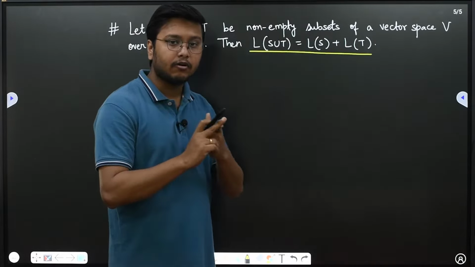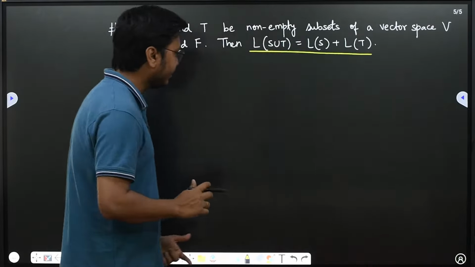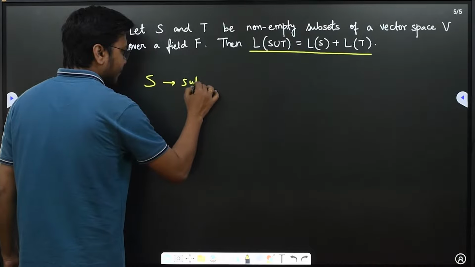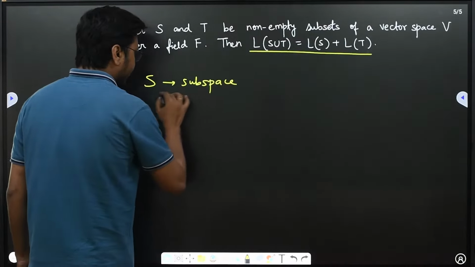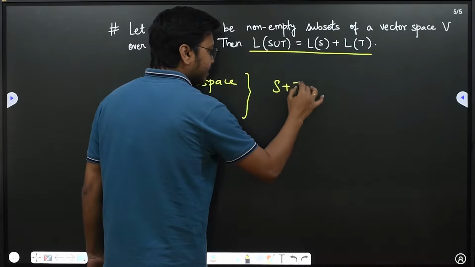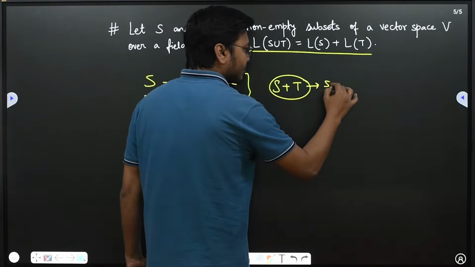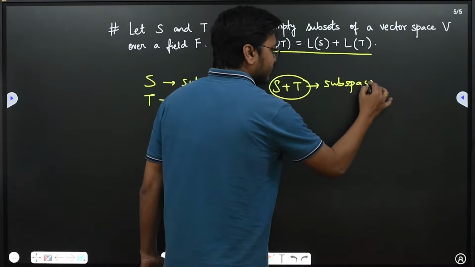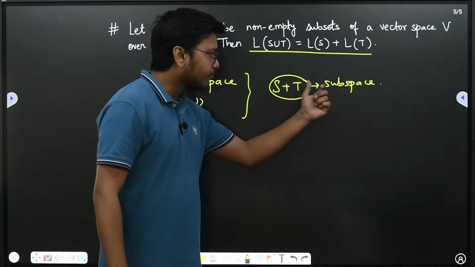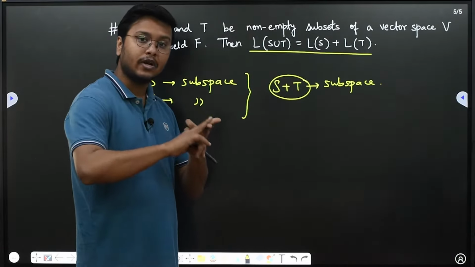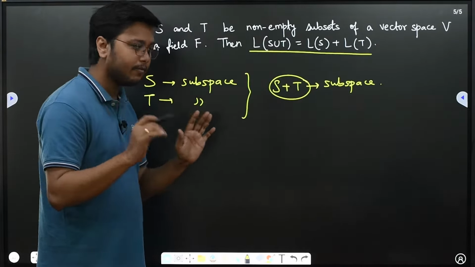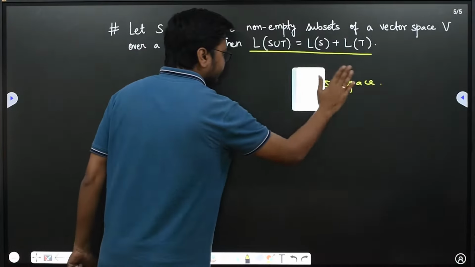You can remember from our previous lectures that if S is a subspace and if T is also a subspace, then S plus T is also a subspace, and this subspace is called the linear sum of S and T, and the linear sum forms a subspace and it is the smallest subspace containing both S and T, right?